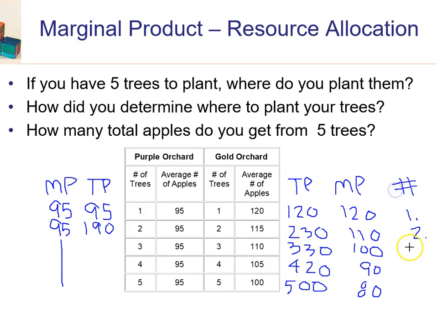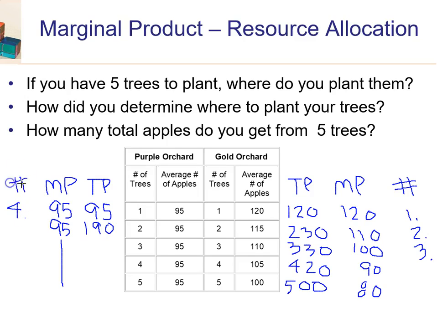Okay, how about the 3rd tree? Where should it go? We can go gold for 100 or purple for 95 marginal productivity. Let's go gold to get that third highest marginal productivity. Now the fourth tree, where should it go? If we go gold, we get 90 marginal productivity. If we go purple, we get 95. I like that one better, so that's where we go with our fourth tree.